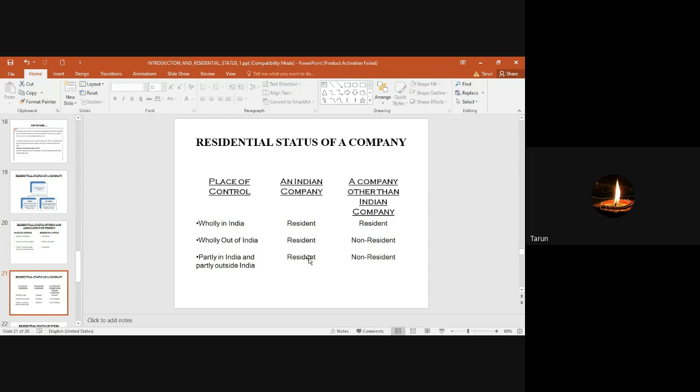If it is wholly outside India, or partly in India and partly outside India, it becomes a non-resident. You cannot say it is resident because, as I already told you, the place of effective management and control of its business should be wholly in India. Then it is resident. If it is outside India, or the foreign company is situated outside India, it becomes non-resident. This is already defined in this short chart.